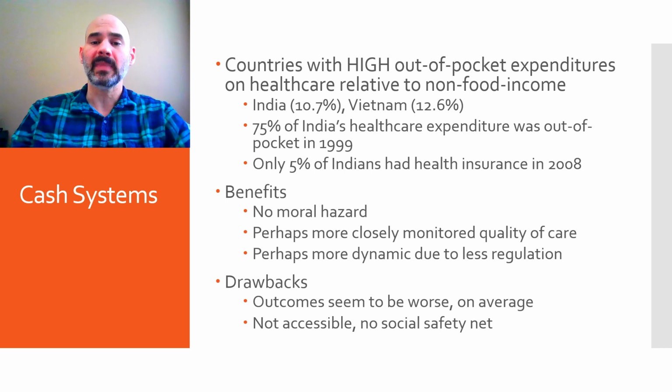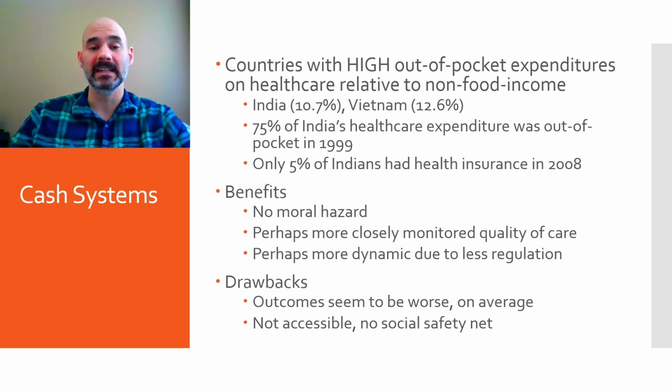And we can contrast that with the second line here, which says that 75% of India's healthcare expenditure was out of pocket in 1999. So for $3 of every $4 that were spent on healthcare, we're not going through insurance. We're not coming from the state. These were just being paid directly out of people's pockets.